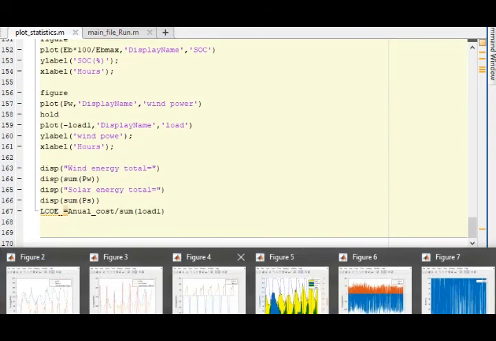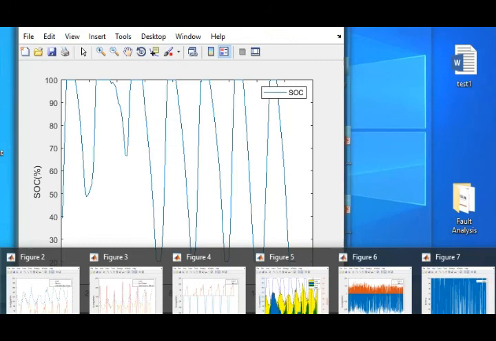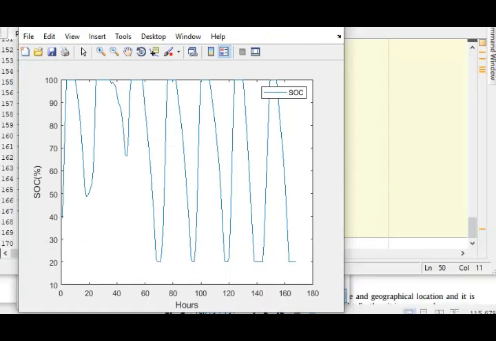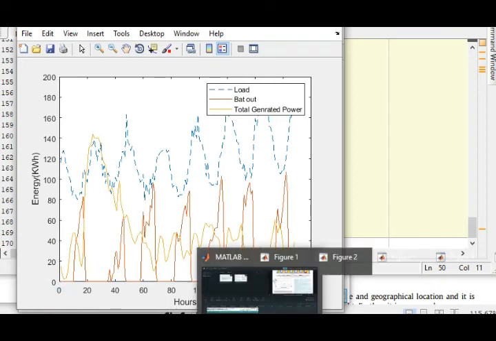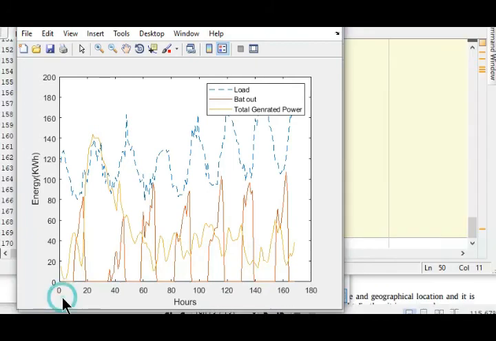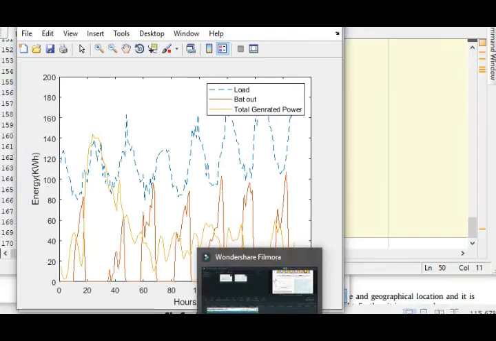Have a look at some graphs: SOC of the battery and battery bank, some plots of the load, battery discharging, total generated power, and this is the load, battery out. Keep in mind, this is a different system from the one given in that research paper, so the graphs will be a little bit different.